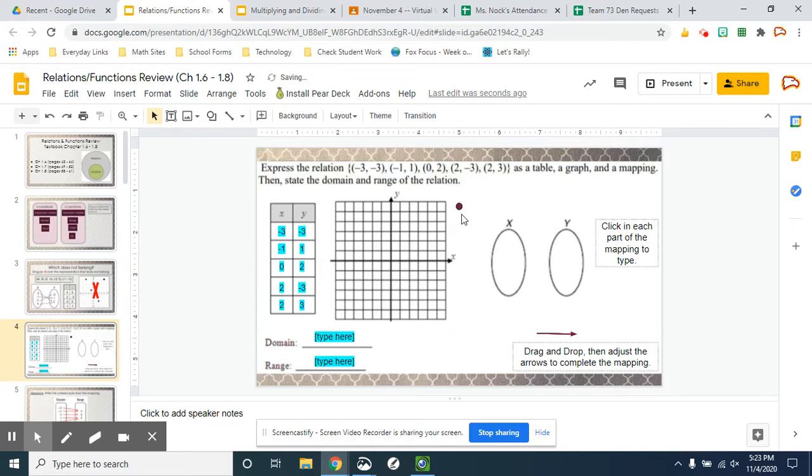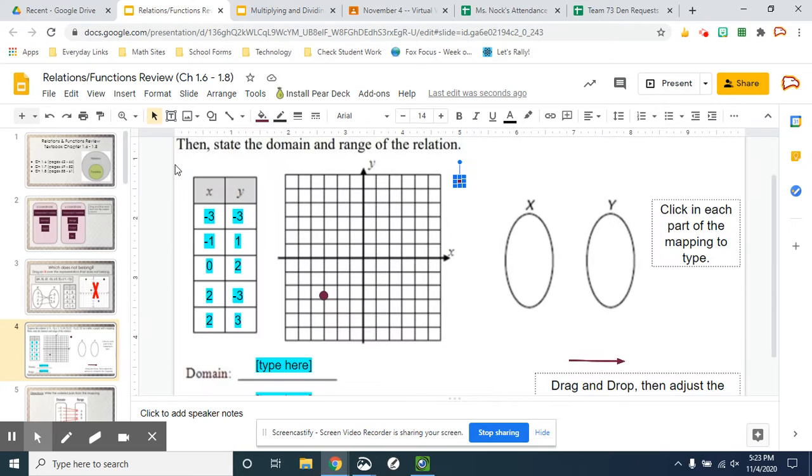I'm going to drag them onto my graph. So I have -3, -3. So I'm going to go over 1, 2, 3, and then down 3. So it lines up with both the x and y axis at -3. Our next one is -1, 1. And I'm going to zoom in for this one to make it a little bit easier, so that way we can be more accurate.